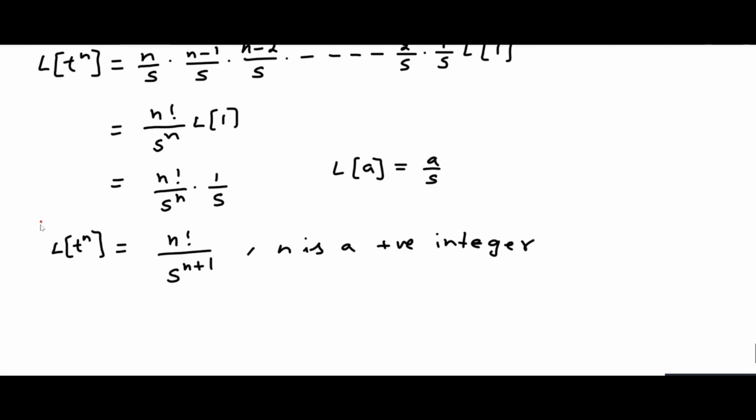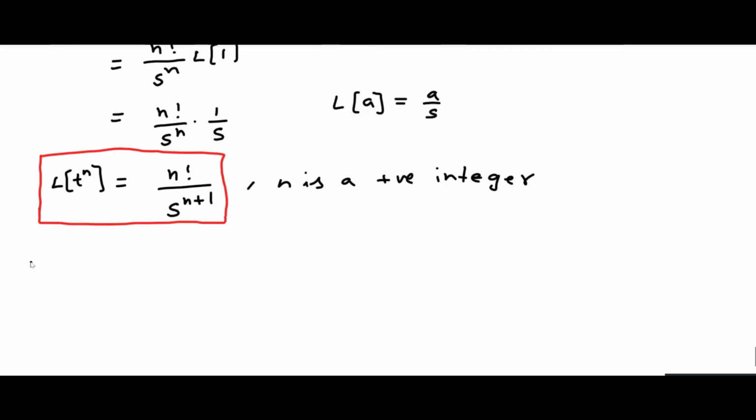So we have seen two different results. When n is a constant, we have got the Laplace transform of t power of n equal to gamma of n plus 1 divided by s power of n plus 1. And when the value of n is a positive integer, we have got the Laplace transform of t power of n equal to n factorial divided by s power of n plus 1.